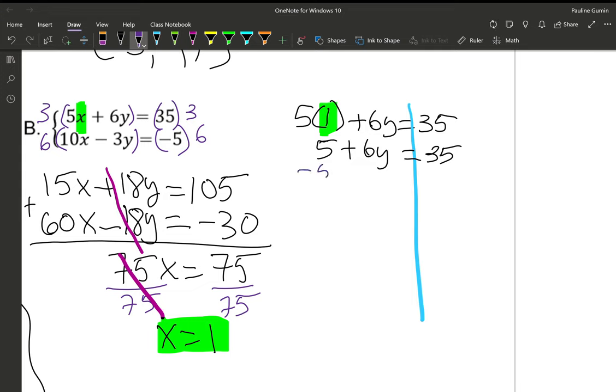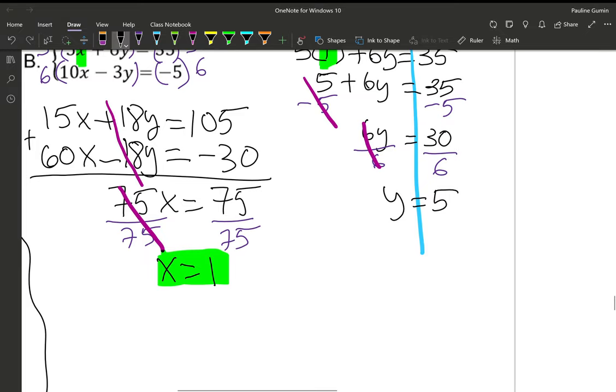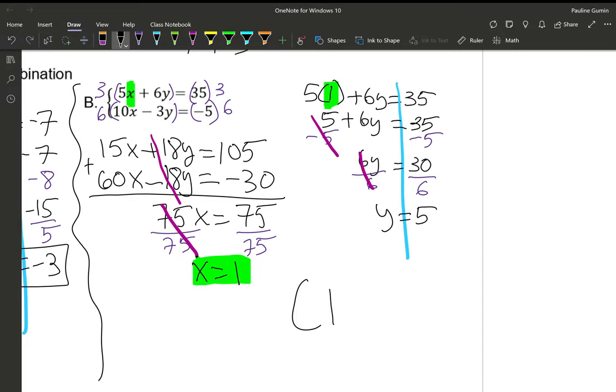Yes, let's subtract 5 from both sides. 6y equals 30. And let's finish up with division. Okay. y equals 5. Wonderful. So our answer for this problem is 1, 5.